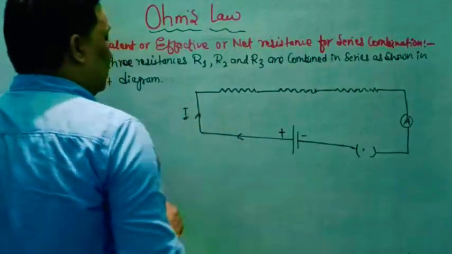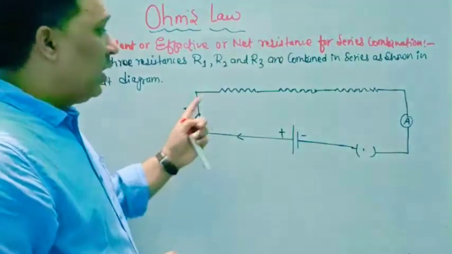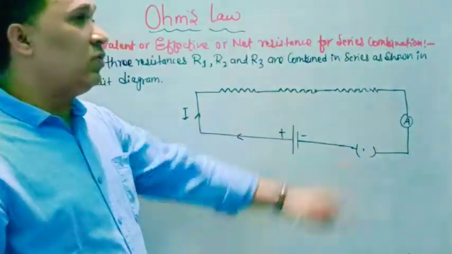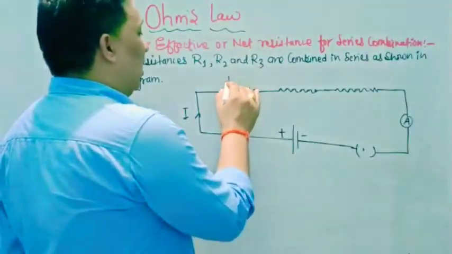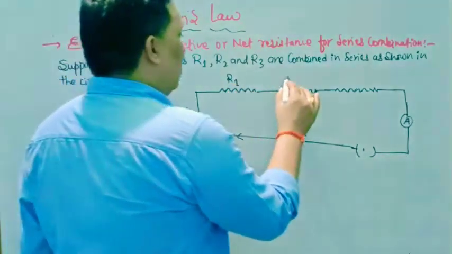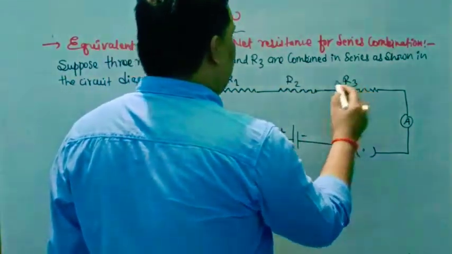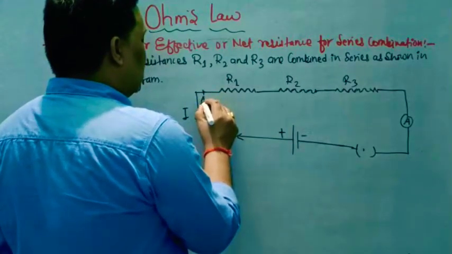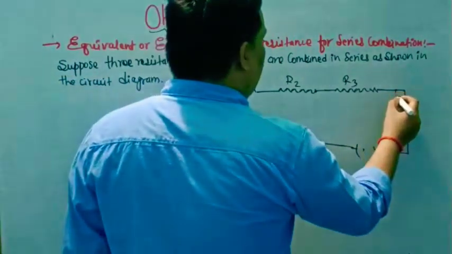Current I is flowing. Since there is no other way out for the current to flow, the same current is flowing through each resistance. These are R1, R2 and R3. These three resistances are combined across the two ends, that is A and B.